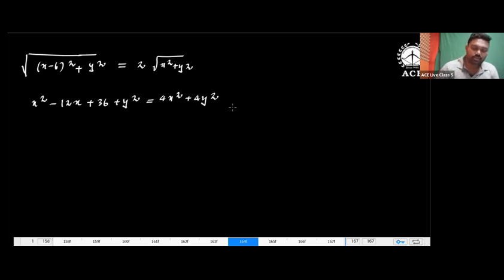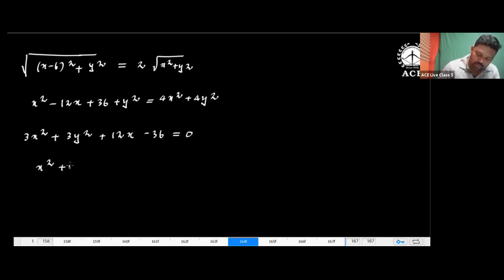Bring the terms to the other side. So here it is 3x square plus 3y square plus 12x minus 36 is equal to 0. I'll divide by 3 on both sides. So here it is x square plus y square plus 4x minus 12 equals 0.